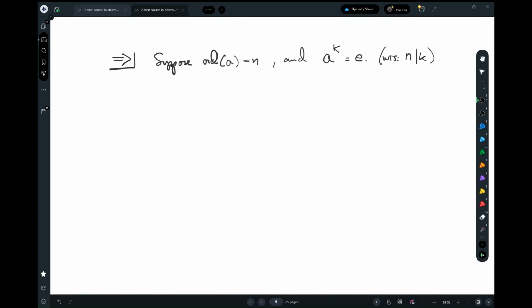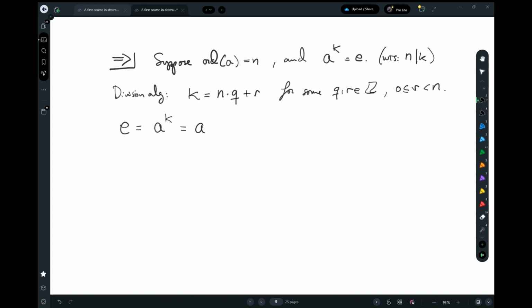I don't know that, but again, I can use the division algorithm. The division theorem tells me that K will be n times q plus r for some integers q and r, where r is between 0 and n, since I'm dividing by n. Now, A to the K is the identity.